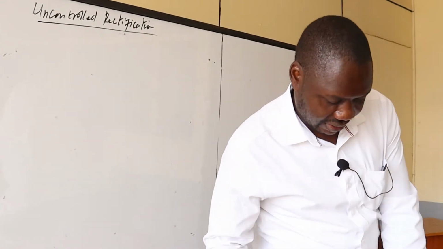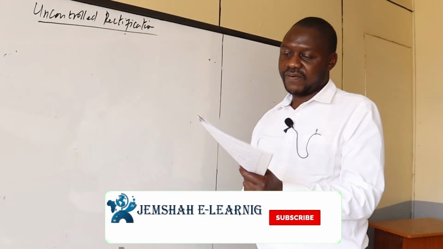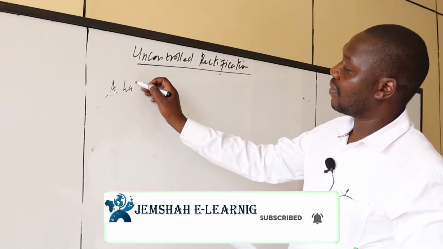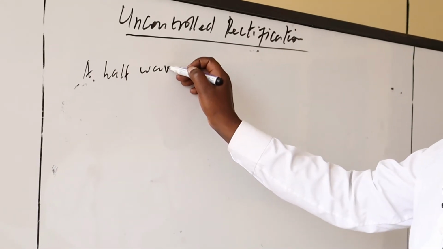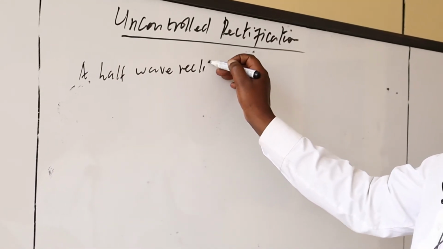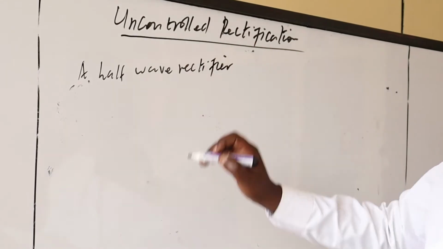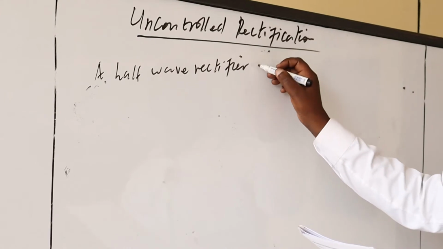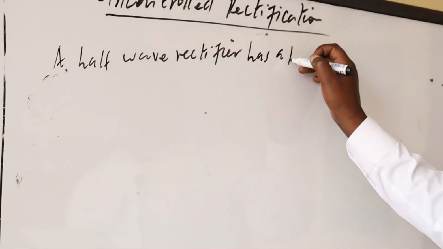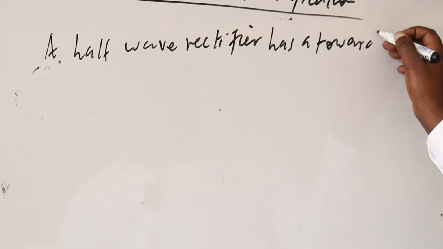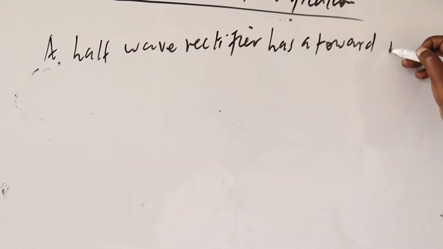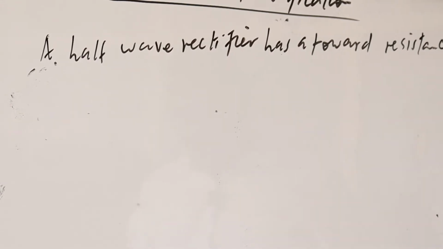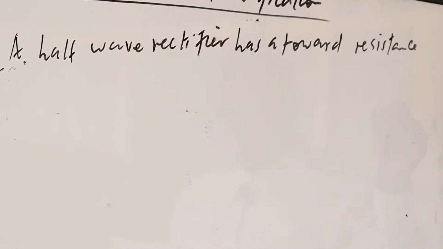Example 2: a half-wave rectifier has a forward resistance RF of 500 ohms.